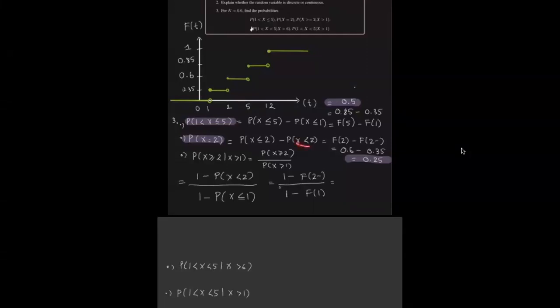F of 2 minus, as we said here, is this value, 0.35. So if you subtract, you would have 0.65. And F of 1 is also 0.35.